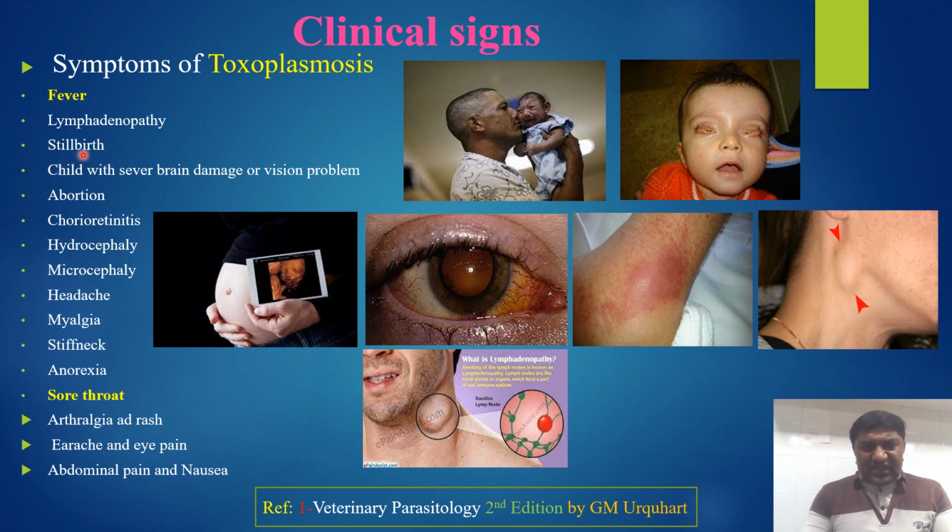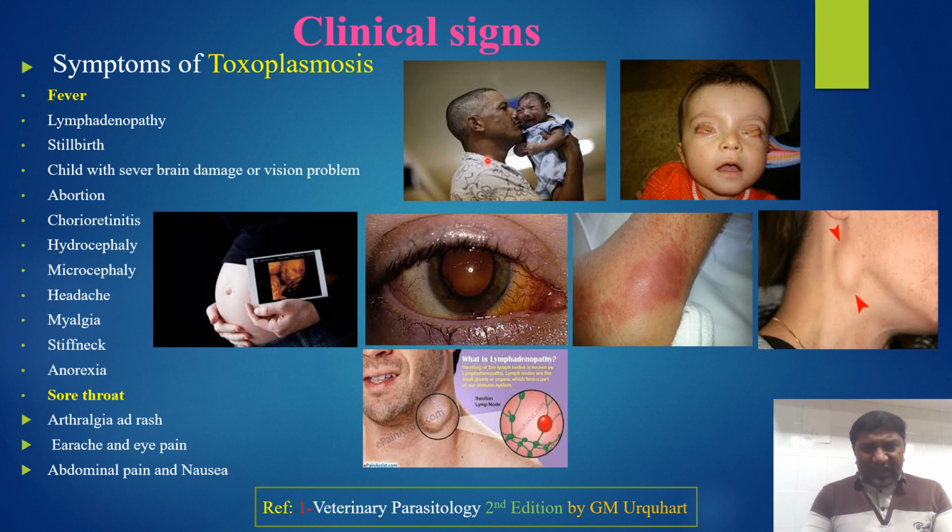Then stillbirth, this picture showing the image of a child with severe brain damage or vision problems, abortion, and chorioretinitis. In this picture you can observe chorioretinitis and hydrocephaly, and hydrocephaly causes chorioretinitis also.